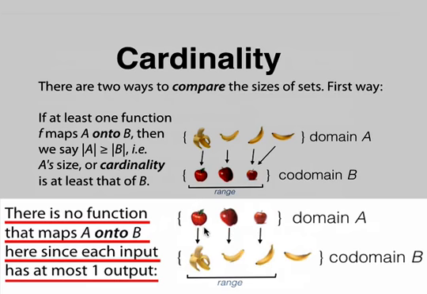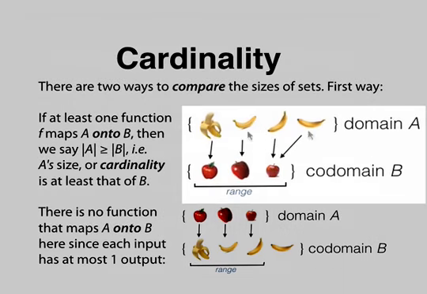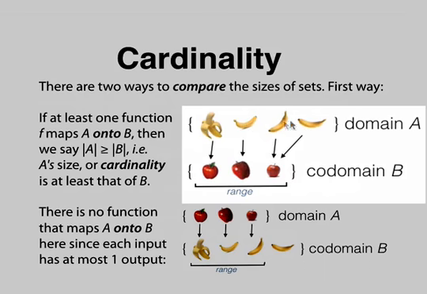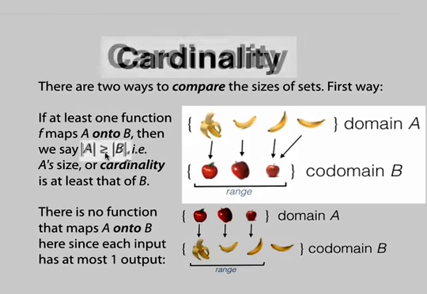So here we know that the set of apples is smaller than the set of bananas. It's not at least as big, so it must be smaller. So that's how you can use onto functions. Okay, if you find even one function that maps the bananas onto the apples, then you know that the set of bananas is at least as big, as numerous as this. And we say its cardinality is greater or equal to this, right?